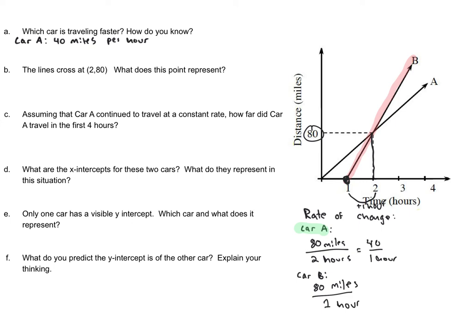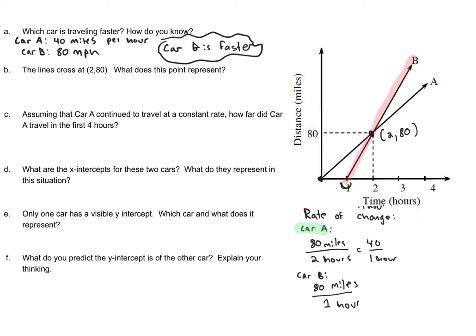The only thing that confuses some people in the past is seeing that even though the point right here is (2, 80), because car B did not start at the origin, did not start at 0 like car A did, it started right here, they reached that point (2, 80) in just 1 hour. Okay, so car B is faster, it's twice as fast.